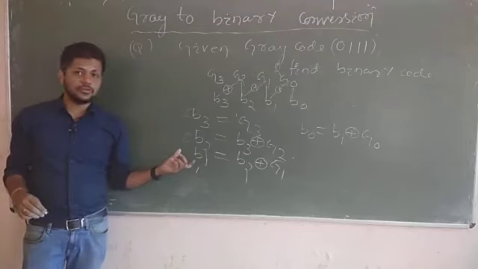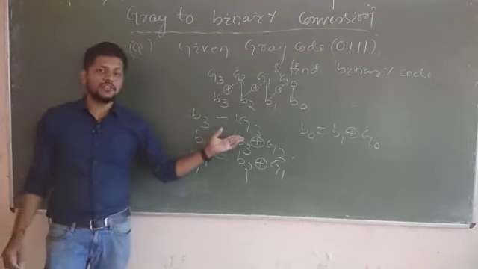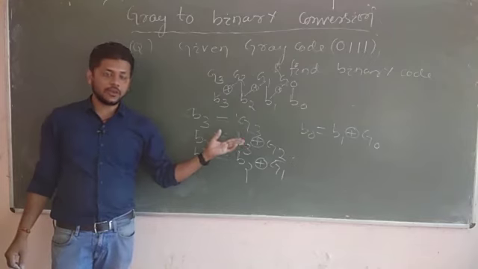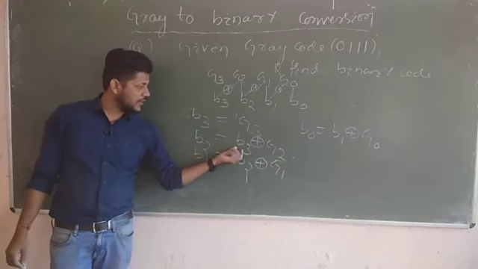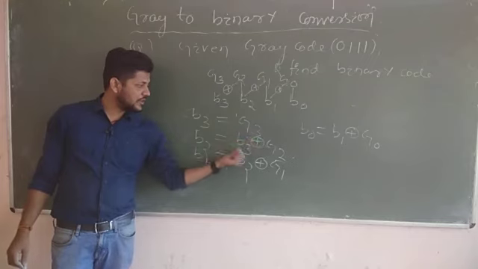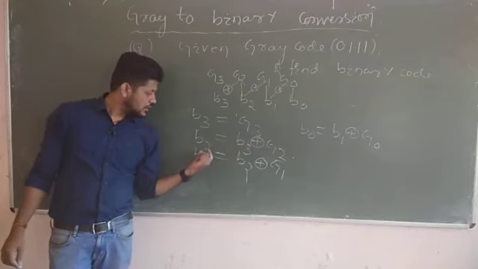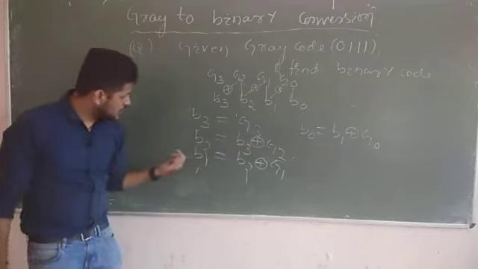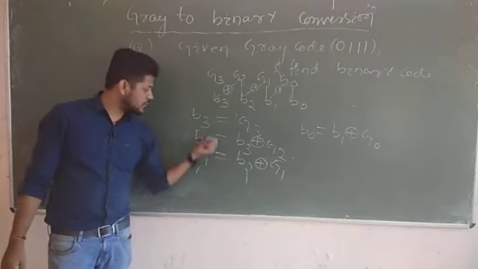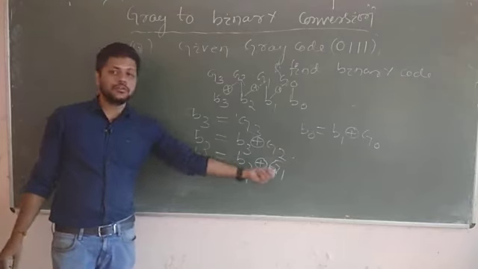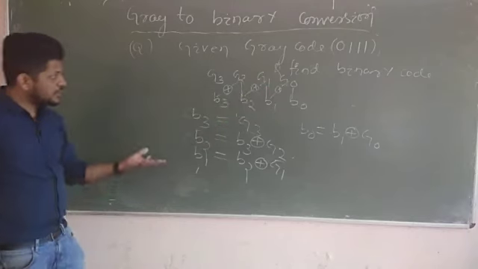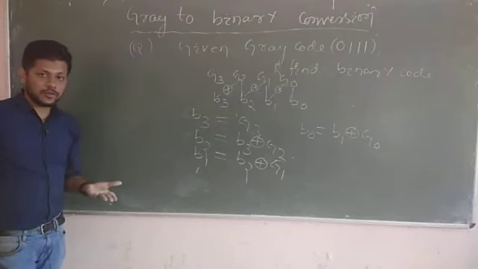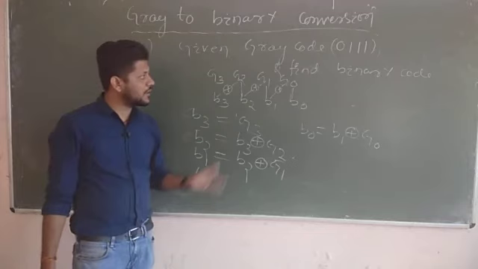So this formula you need to remember. The most significant bit is always the same, that is B3 is equal to G3. In order to find B2, you need to find first B3 and XOR with G2. In order to find B1, you need to find first B2, so B2 XOR with G1. So this is the way we represent it. Remember this formula, and then I will solve one example for you. Then we will have clarity on that.